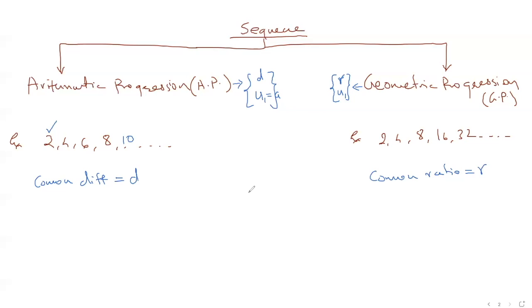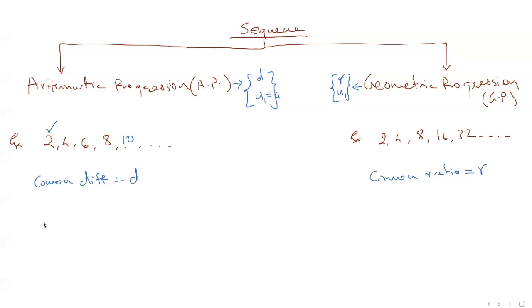Whichever notation you want to use, that's no problem. So, a quick recap: the arithmetic progression depends on D and U1, and the geometric progression depends on the common ratio R and the first term U1, or you might want to call it A as well. Now, moving on, there are some formulae which are useful for both AP and GP. I'm going to quickly write them down.